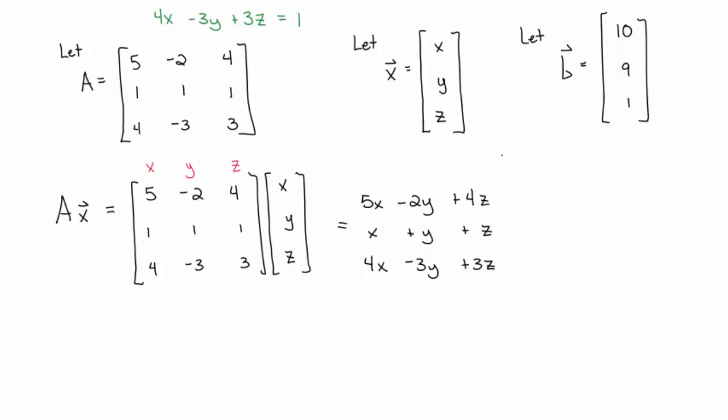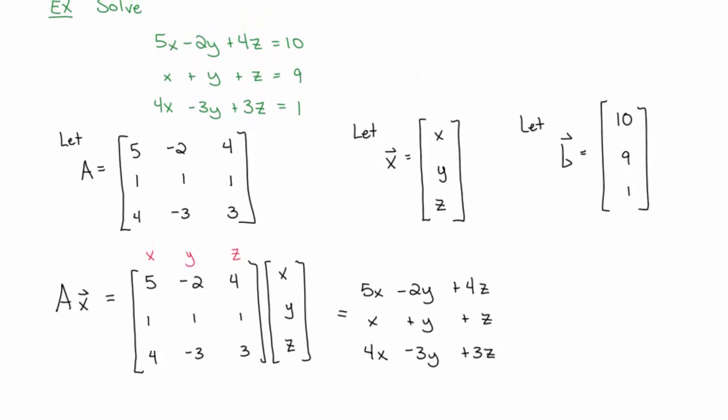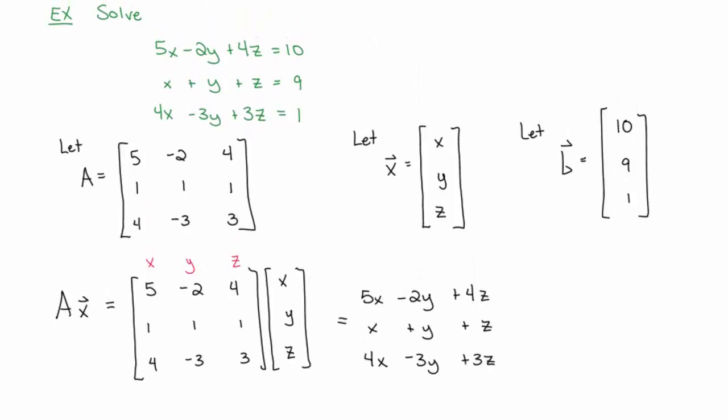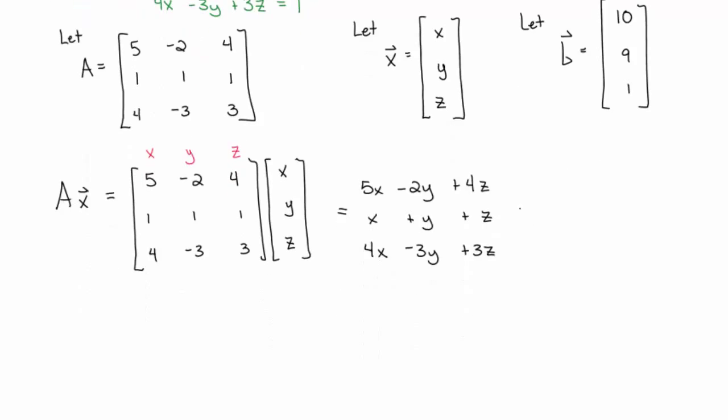And we know from the initial system of equations that each of those statements should equal 10, 9, and 1 respectively. But we have an easier way of writing it. We can write that as a column vector 10, 9, 1, which is equal to b.